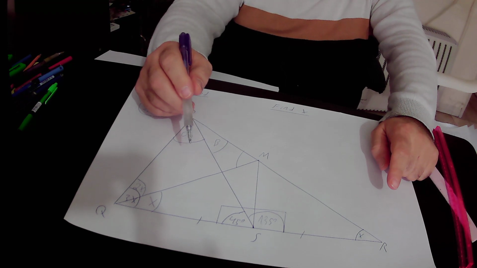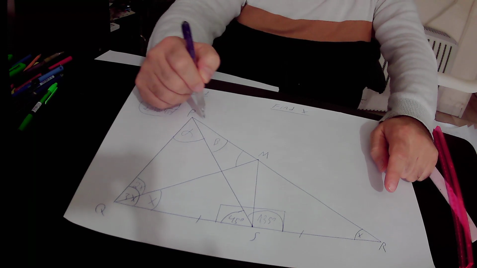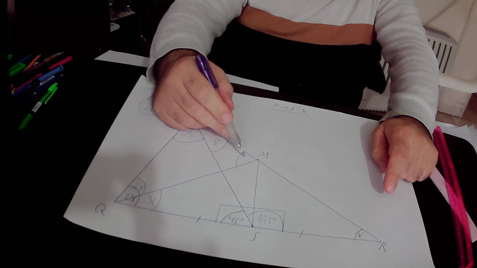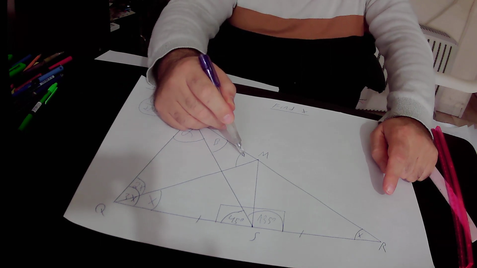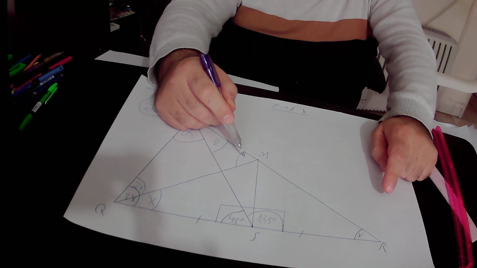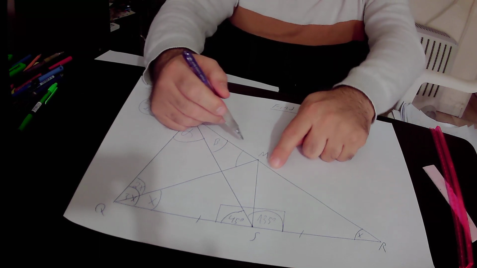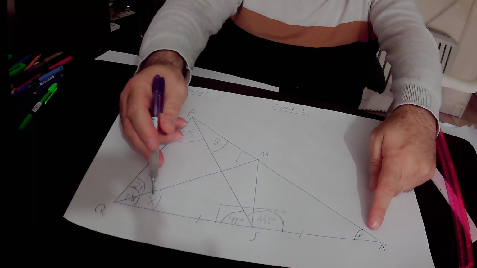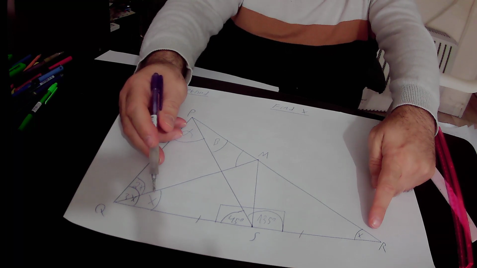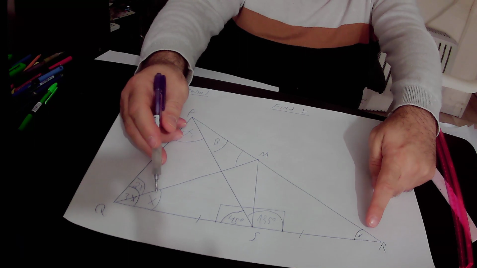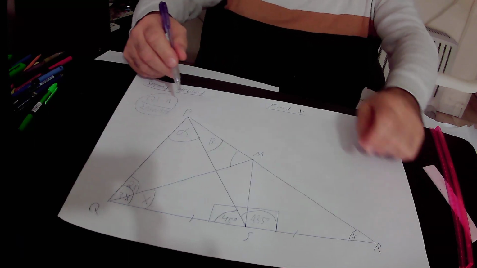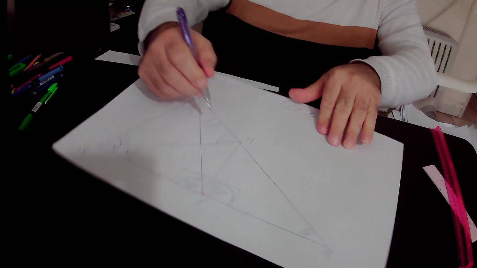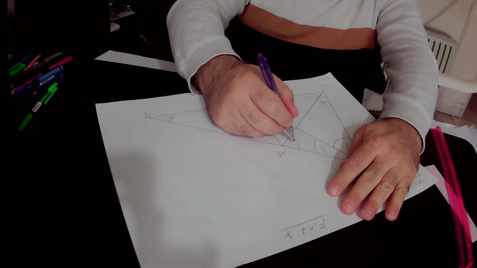According to rule number 4, the value of the exterior angle PMQ will be equal to the sum of the angles that are not adjacent to it. This angle is adjacent to it, and the other two angles that are not adjacent to it are those two angles, and the sum of those two angles is x plus x. That is to say, the exterior angle PMQ, according to rule number 4, equals 2x.